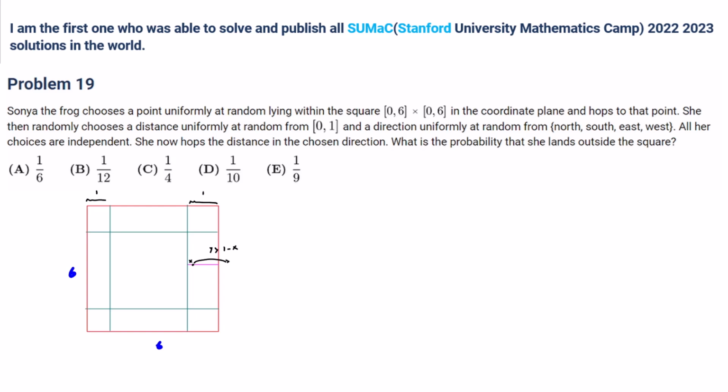So if the frog is in one of the rectangles, then the area would be 4 times 5, and then 1/4 chance to get out. So that's 10.